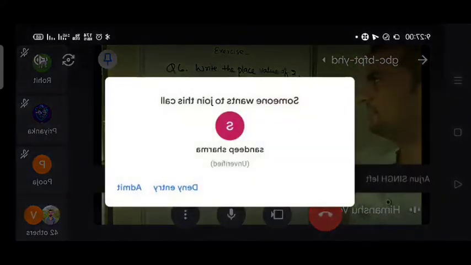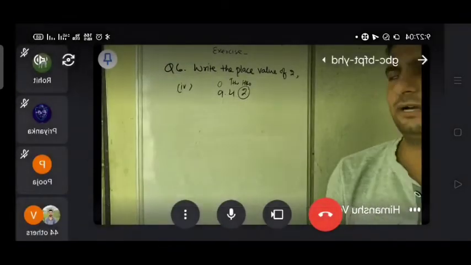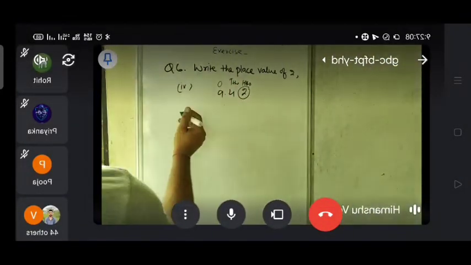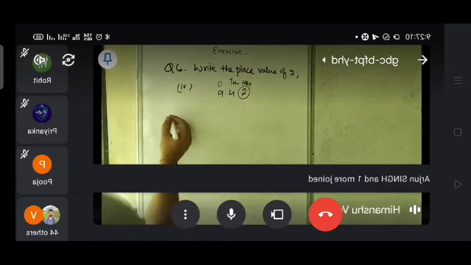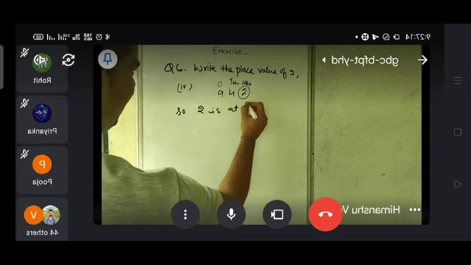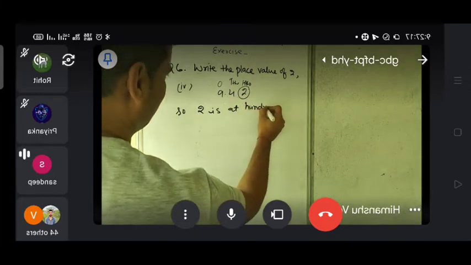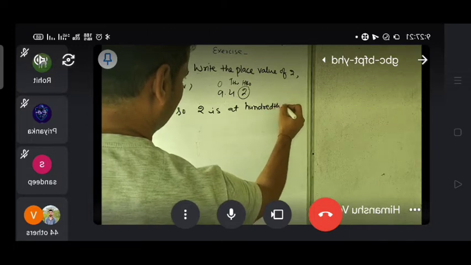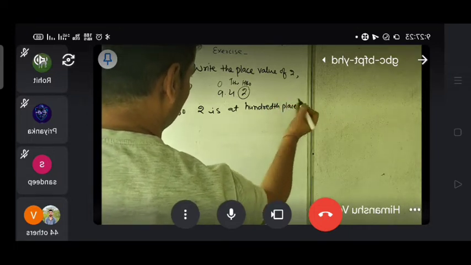What is the place value of 2? The place value of 2 is at hundredth place. Okay, beta.